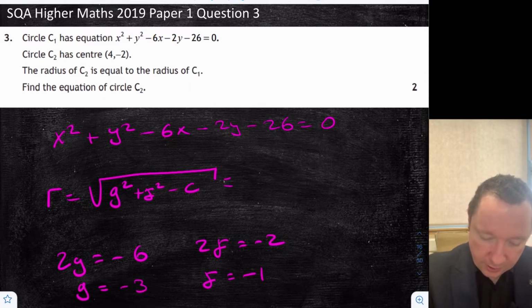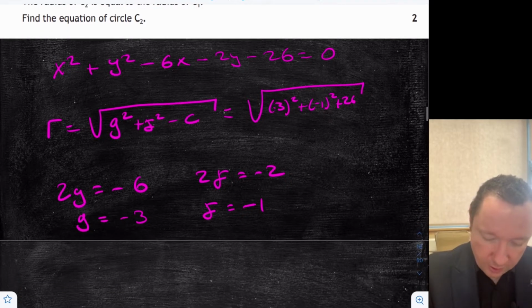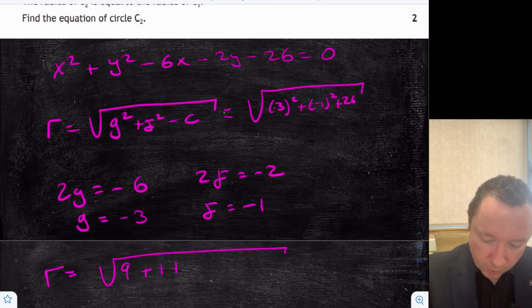So my radius is equal to the square root of minus 3 squared plus minus 1 squared, take away c, but it's a minus already, so plus 26. So my radius is the square root of 9 plus 1 plus 26. That's the square root of 36, which is equal to 6.